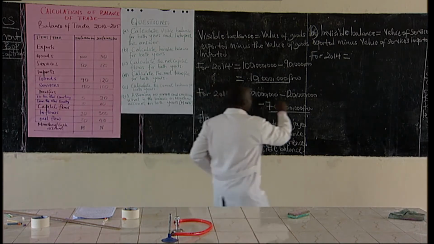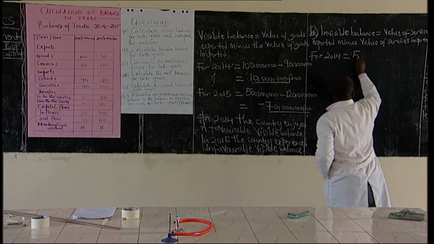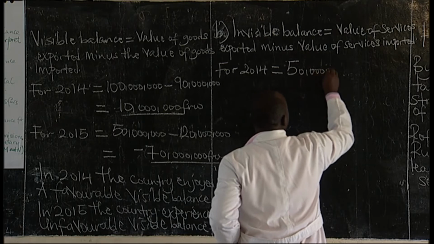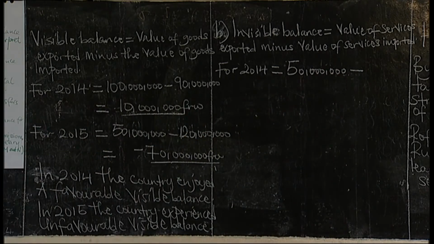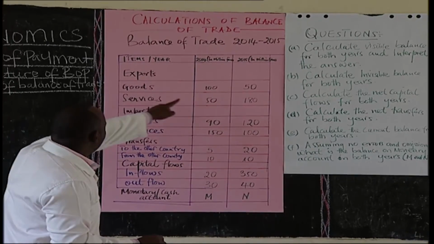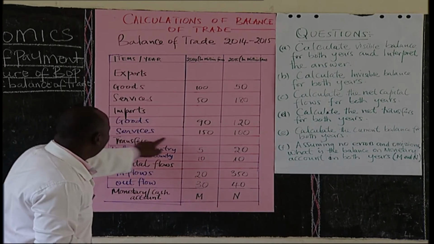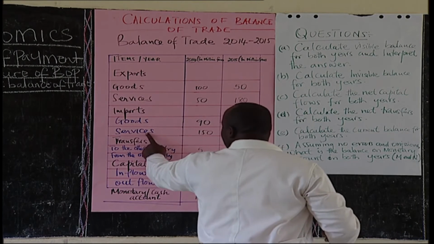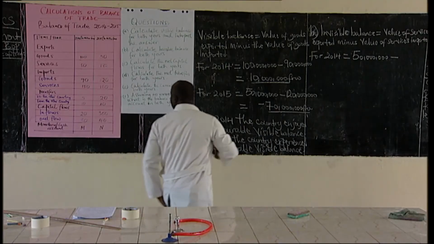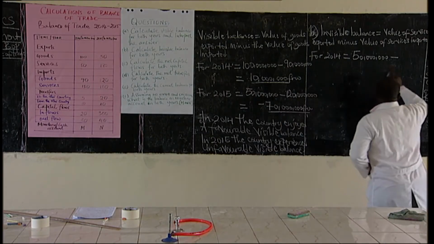Services exported will be 50 million, minus services imported in 2014, because we are calculating for 2014. Now, in 2014, services imported is 150 million.